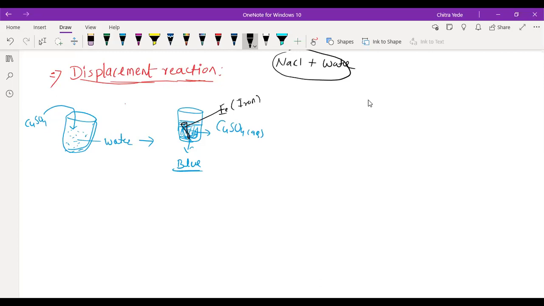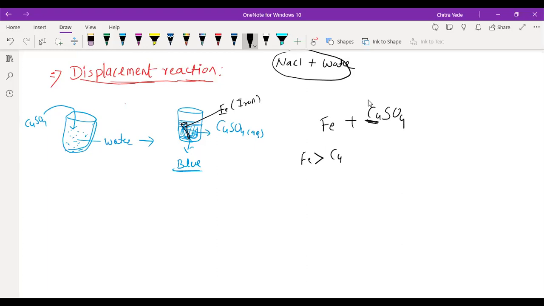See, if we add an iron nail in the solution of aqueous copper sulfate, what will happen here? Copper sulfate is a compound where copper is an element, a metal. If ferrous comes in contact with the copper sulfate solution, and we compare the reactivity of both metals, we will find ferrous is more reactive than copper.